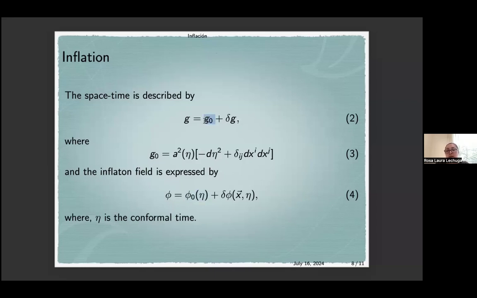With the background, the G node and the phi node, we can explain the expansion of the universe. And when we focus on the perturbations of the metric and on the perturbations of the field, we're going to explain how to study the structure.